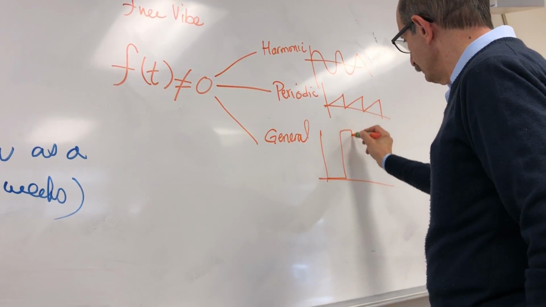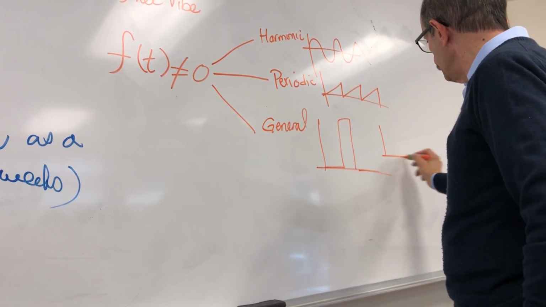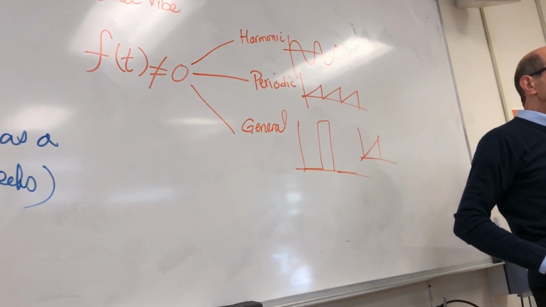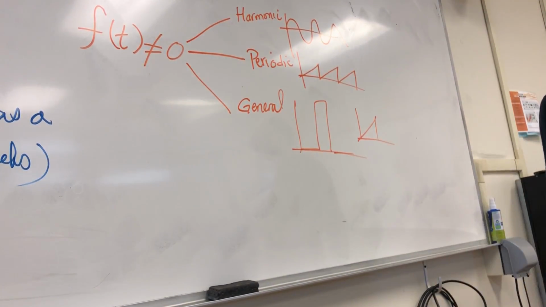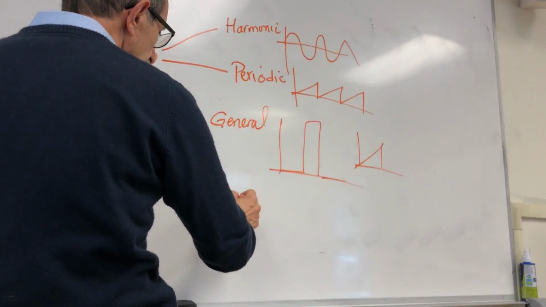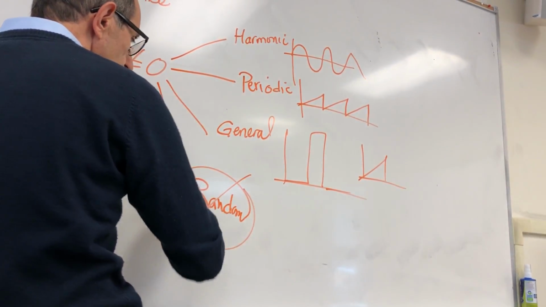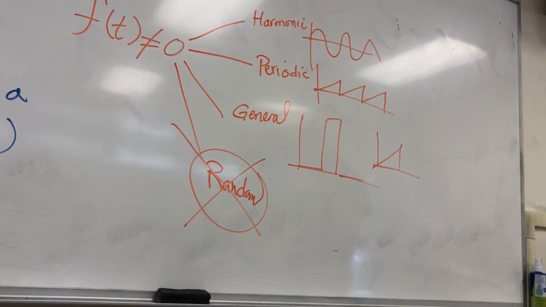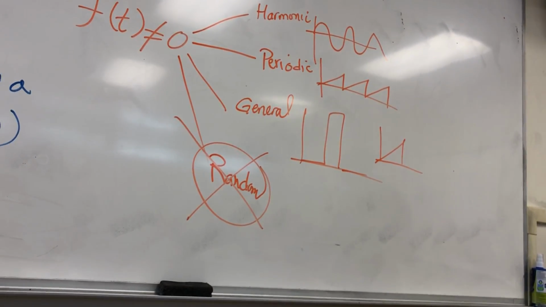You can have a blast load, you can have an impact load. These are all forces that are neither of the two. Of course, this force can be completely unpredictable or random also. But we don't even talk about that because random vibrations is a class in itself.